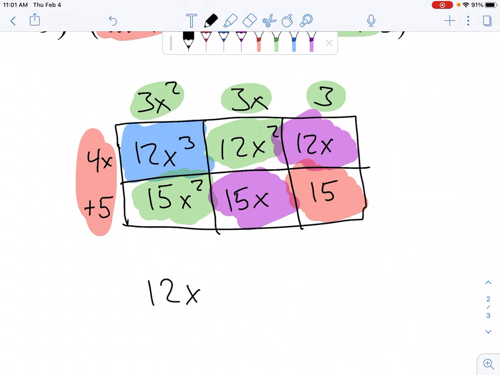So my blue 12x to the third plus, I have to combine these, 12 plus 15. You should get 27. And then I have to combine these, same math work though, so 27x, and then 15 at the end.